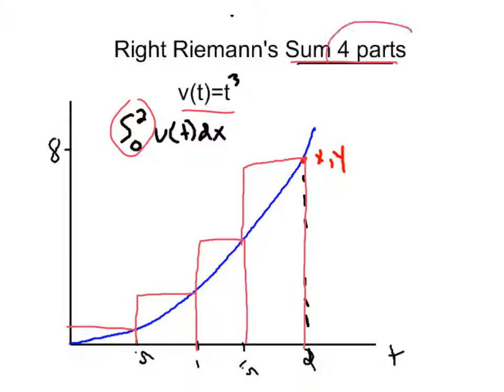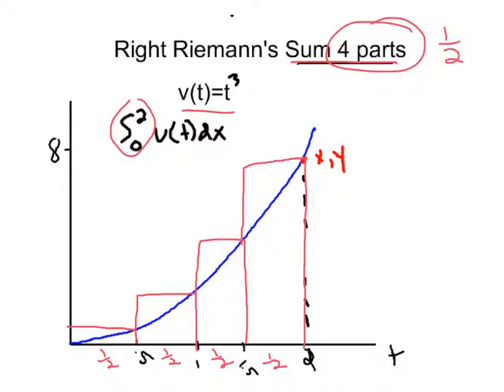This is a 4-part Riemann sum, which means I want to subdivide the area from 0 to 2 into 4 equal parts. So that tells me that each part is going to be 1/2 wide. This first half is 1/2, this is 1/2, this is 1/2, and this is 1/2. So the width of each rectangle is 1/2.